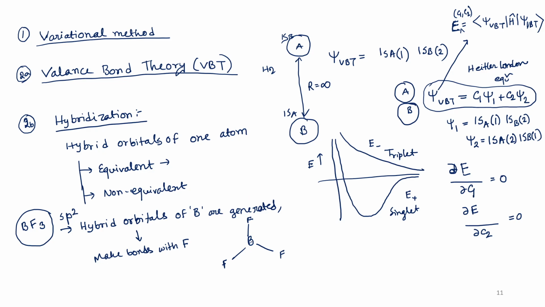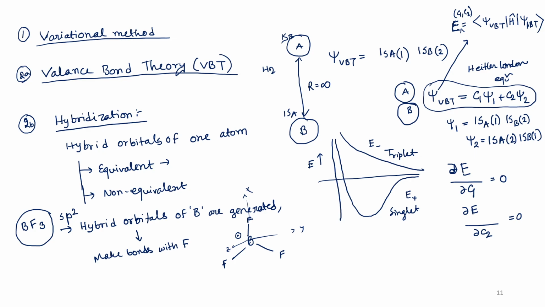But if I say my z axis is coming out of the plane of the screen, with this as y and this as x, and z towards us, then 2pz is not going to take part in the hybridization, only px and py contribute.